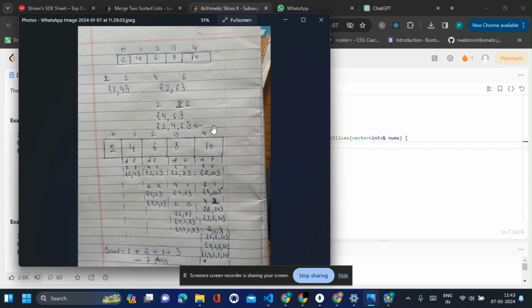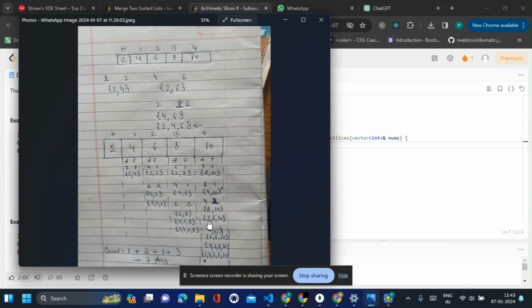Similarly, we can move forward i and calculate for this. Now in this case, with common difference 4 and 2, ending at this j, we have already got one subsequence with common difference 4. That is 2 comma 6 here.